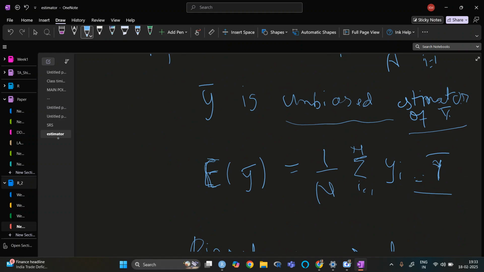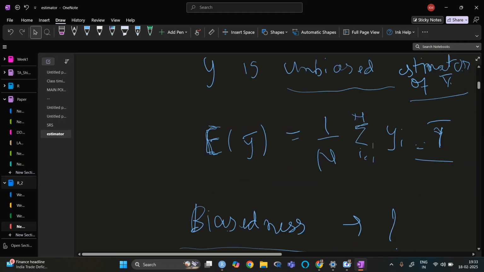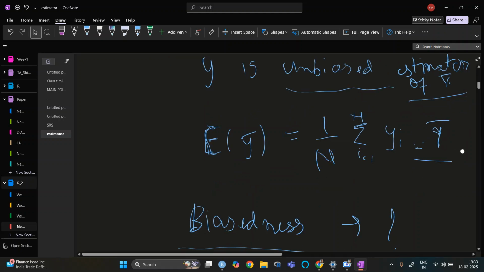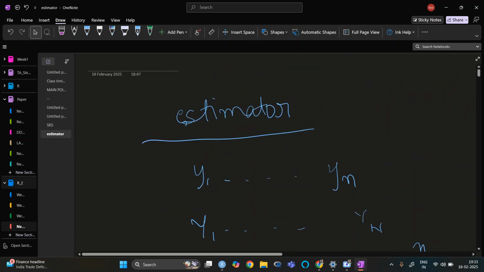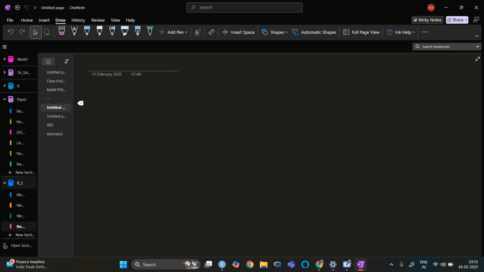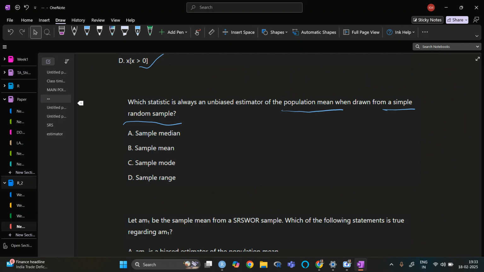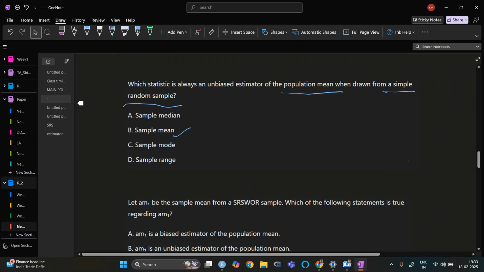So this is capital Y bar. Basically, small y bar is the unbiased estimator of capital Y bar. So this says that the sample mean is an unbiased estimator of the population mean. So sample mean will be the answer. The median, mode, and range are not unbiased estimators of the population mean.